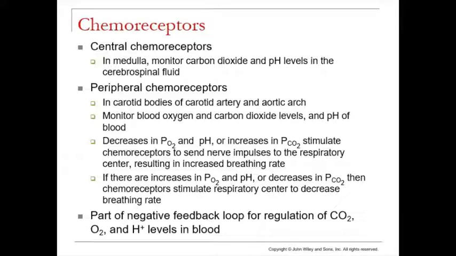Or if your oxygen levels are too low, you'll breathe faster to increase it. That sounds like opposites. That sounds a lot like negative feedback. It's because it is. It's thanks to negative feedback and these chemoreceptors that you are able to maintain homeostatic levels of oxygen and carbon dioxide.